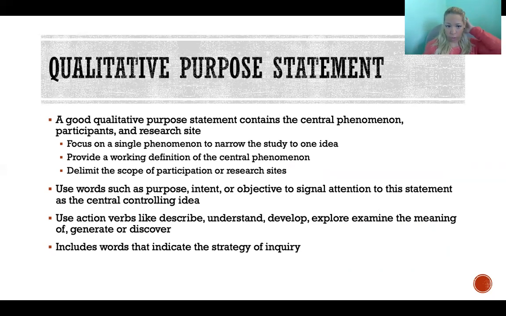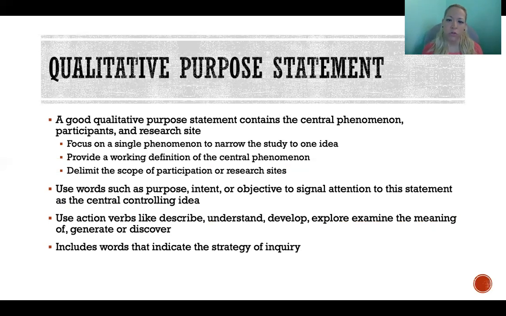You're going to use words like purpose, intent, or objective to signal attention to this statement as the central controlling idea. So we should be able to scan the introduction of a study or of a research proposal, and we should be able to easily identify the purpose statement, because it should say something like the purpose of this study is to, or the intent of this research, or whatever.